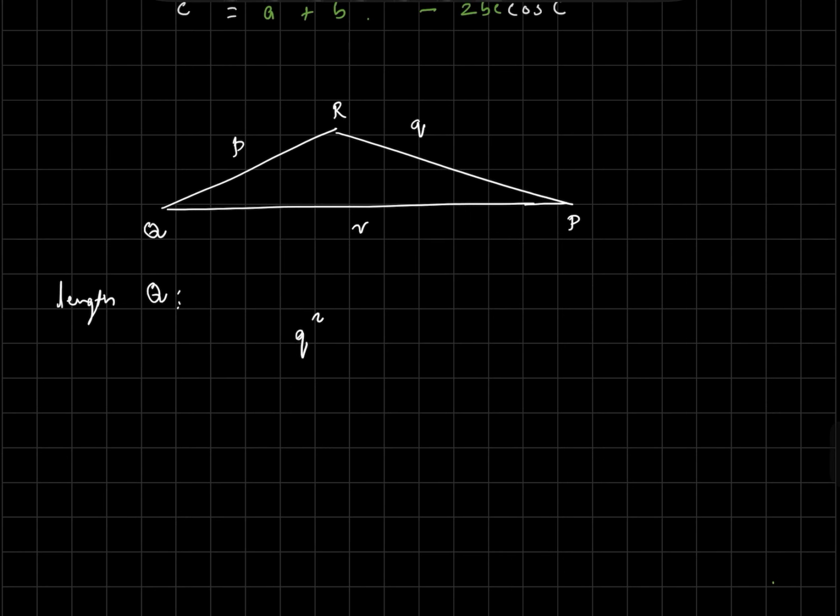Q square equals, now remember, Q is formed due to the angle at Q, so I want to take the cos of Q over there. So I'm going to have P square plus R square, the remaining sides, minus twice PR cos of Q.